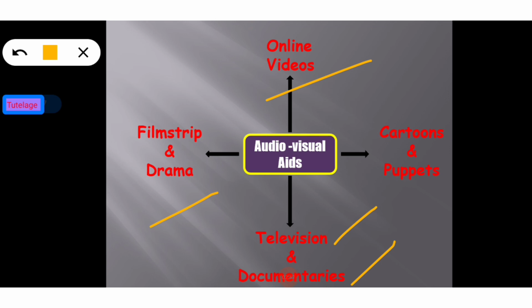Okay, and now going to another example of audio-visual aids, that is cartoons or puppets. Student engagement in cartoons is very high because it helps in conveying important ideas and instructions along with fun and entertainment. Cartoons are effective especially for kids, as the tendency to imitate is higher in them. Kids will try to imitate what their favorite cartoon character is doing.